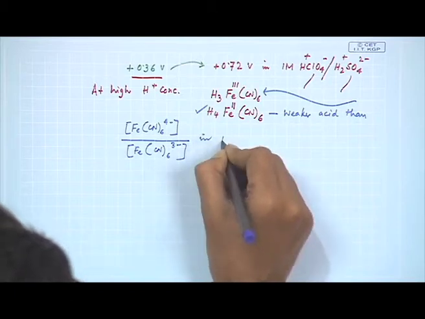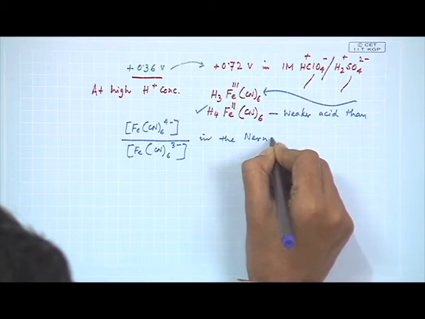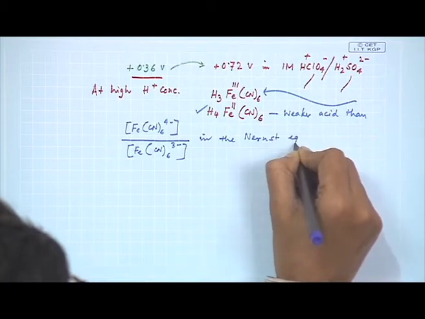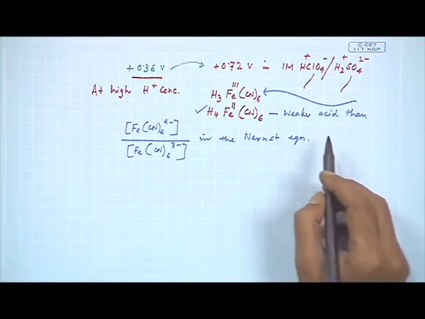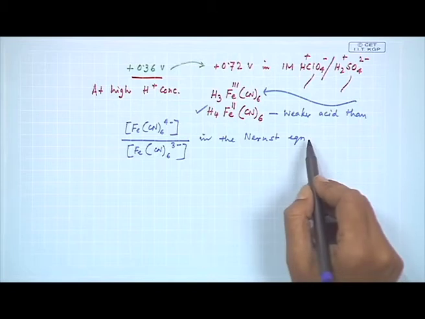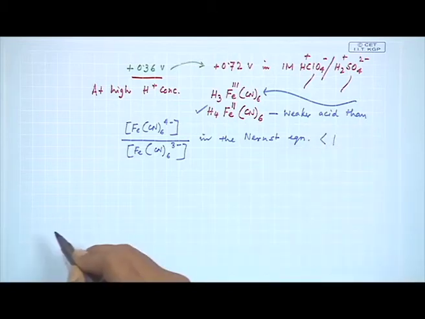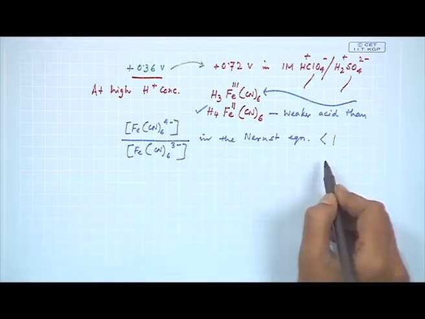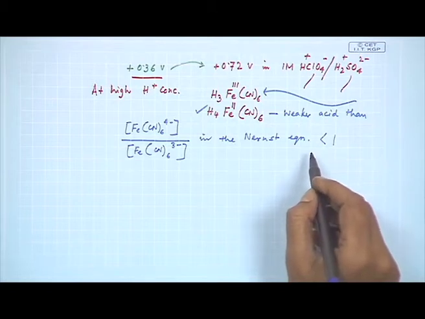So, in the Nernst equation, as I told you, we are talking about the magnitude of this ratio, whether it is greater than 1 or less than 1. So, this is less than 1. When it is less than 1, we get information about the observed potential.